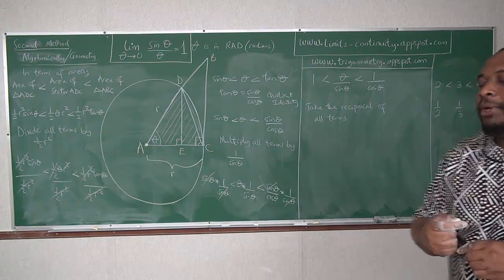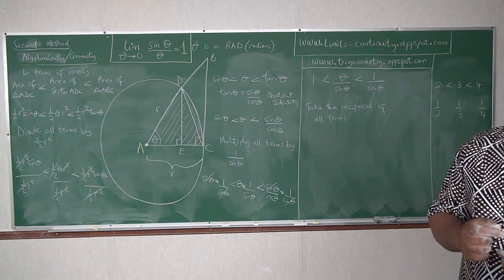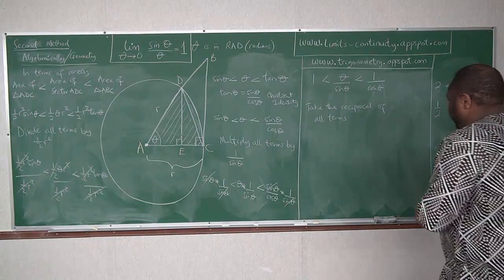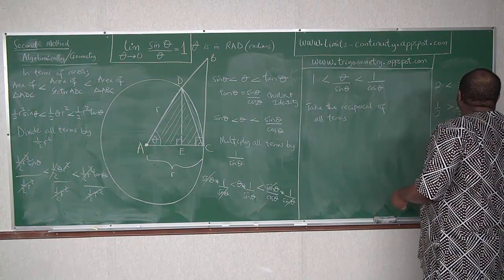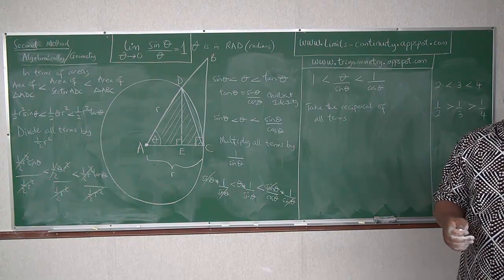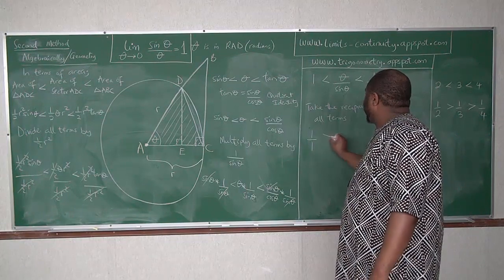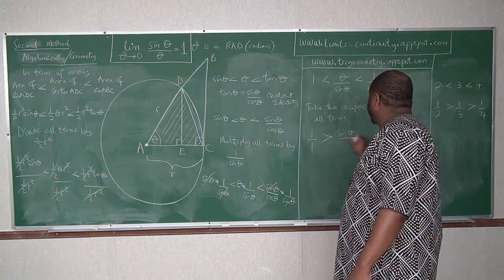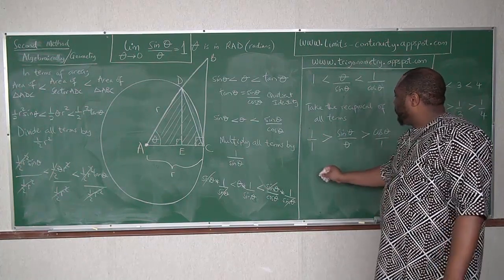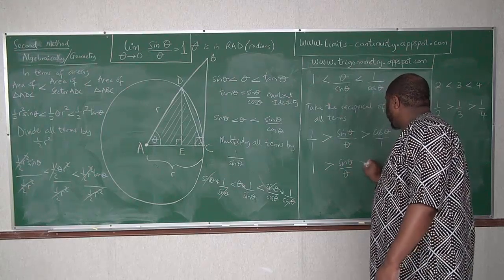It's reversed, because 1/2 is 0.5, 1/3 is 0.3333, 1/4 is 0.25. So this will now be greater than instead of less than. So 1/1 will now be greater than sine theta over theta, and this is greater than cos theta over 1. So we now have that 1 is greater than sine theta over theta and greater than cos theta.